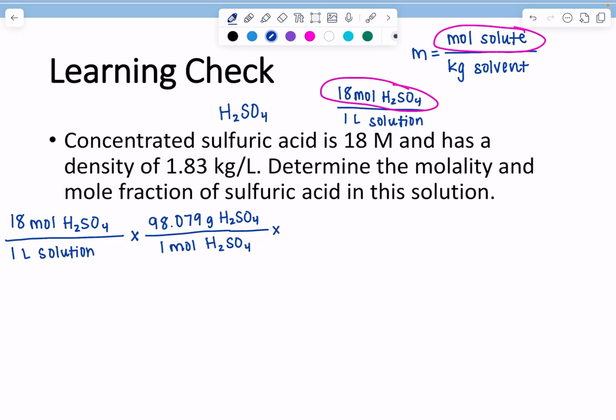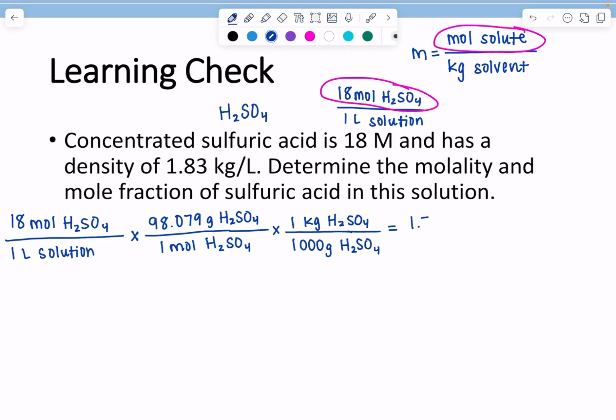And then because we'll end up using kilograms, I'm just going to go ahead and convert mass of H2SO4 in grams to kilograms. This is one of those unit conversions where you could do it now, you could do it later.